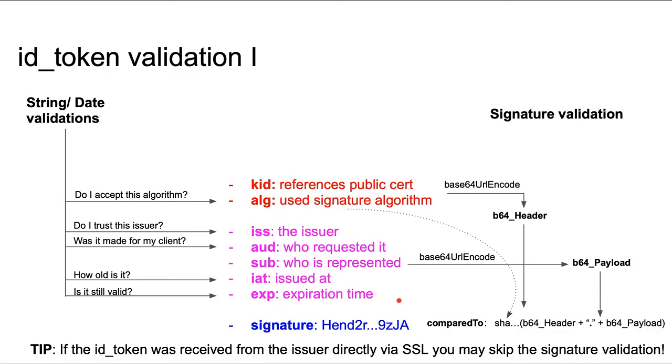So if your client requested the token of a server at HTTPS domain A, and domain A is also the one who issues this token directly back to your client, you can assume that the issuing party is the one that gave you the token. In that case, the spec allows you to skip the signature validation. And this, of course, makes it a whole lot simpler.